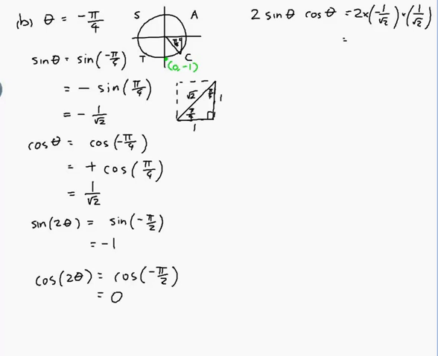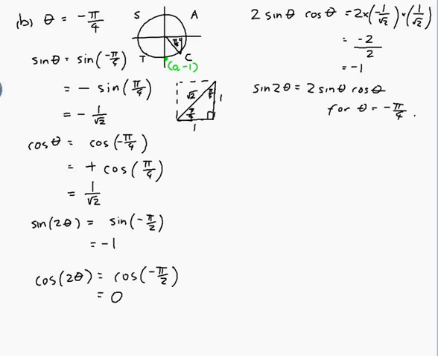Okay, so on the top we get minus 2, and on the bottom we get root 2 times root 2, which is 2, so it comes out to minus 1. And just checking, sine of 2 theta is minus 1, so again sine 2 theta is equal to 2 sine theta cos theta for theta equal to minus pi on 4.